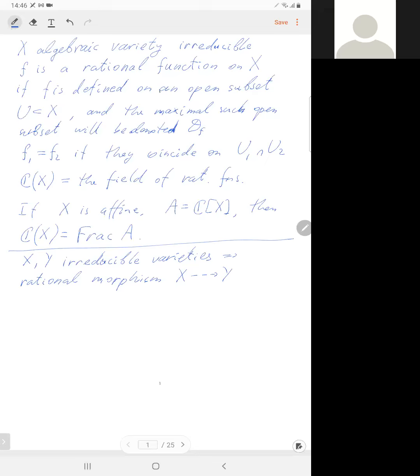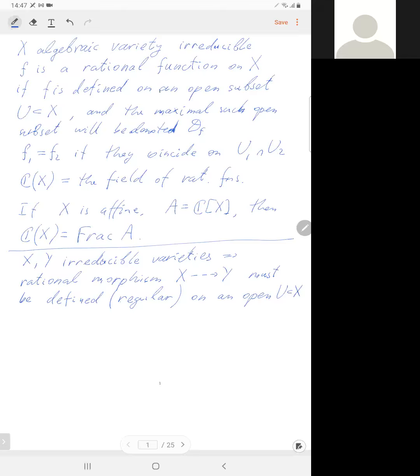It's not necessarily everywhere defined, but it must be defined on an open subvariety, so it must be a regular map. And once again, if two such maps coincide on the intersection of their domains, they are declared equal.